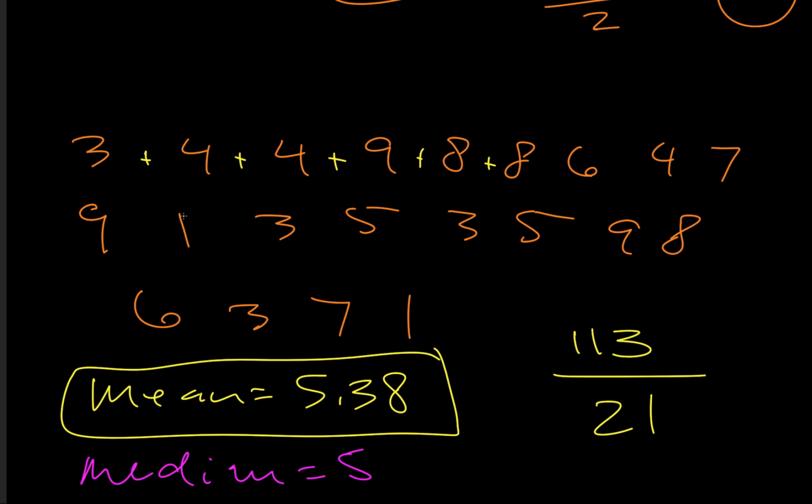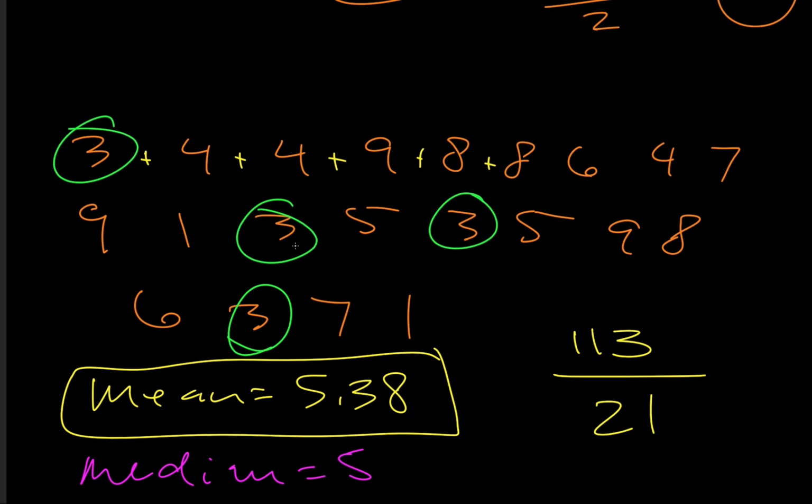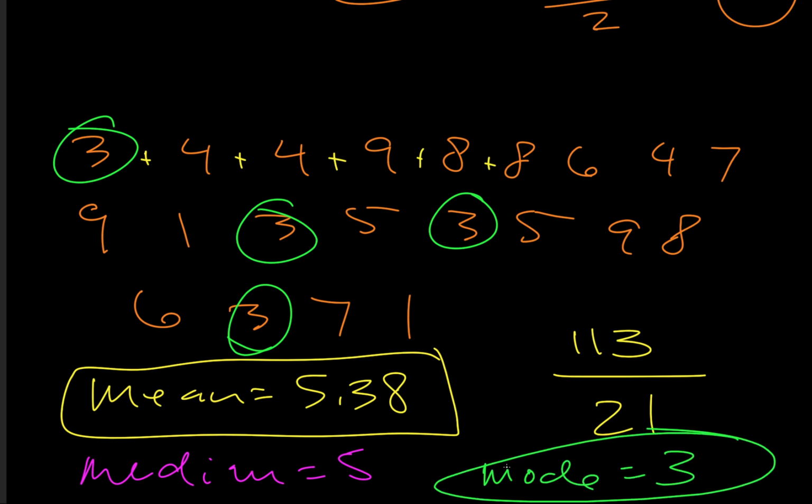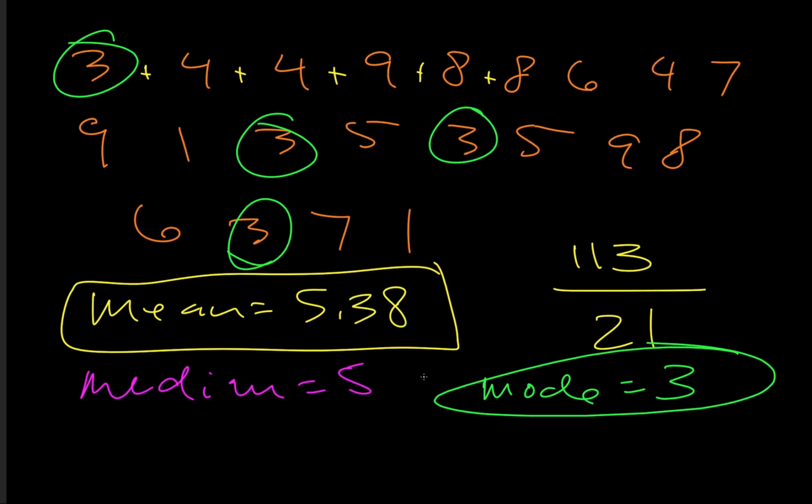So there's 2 1s, no 2s, and then 3, there's 1, 2, 3, 4 3s, 1, 2, 3 4s, 2 5s, 2 6s, 2 7s, 3 8s, 3 9s. So the mode is going to be 3 because that's the one that showed up the most amount of times.